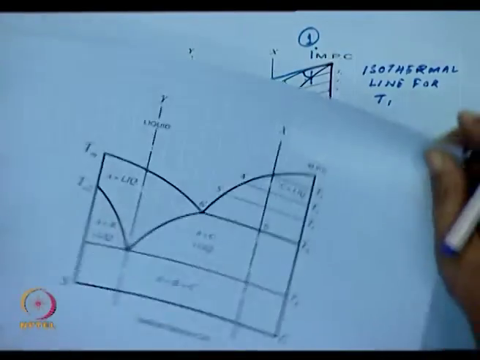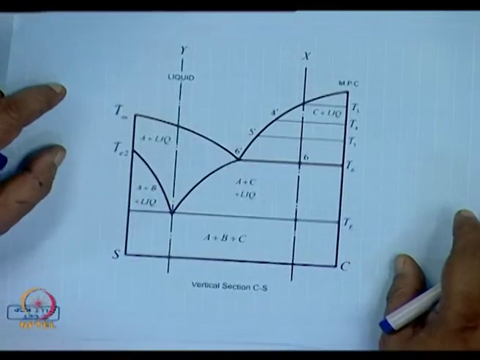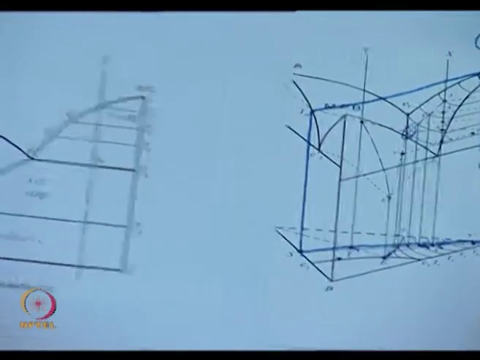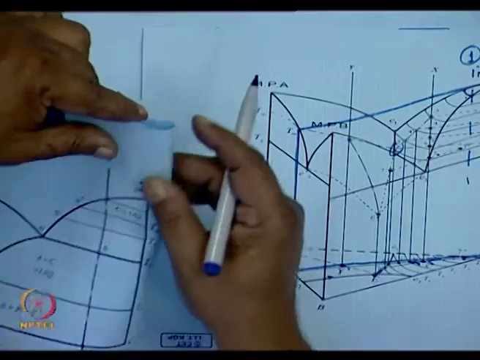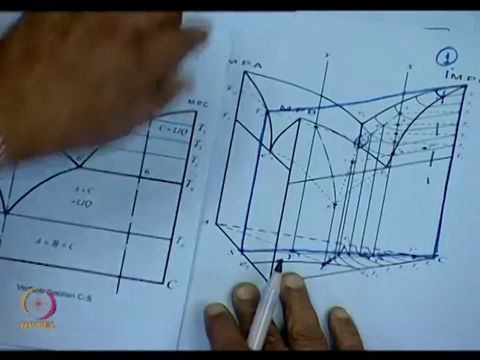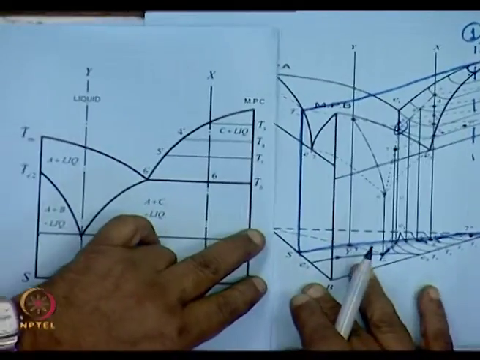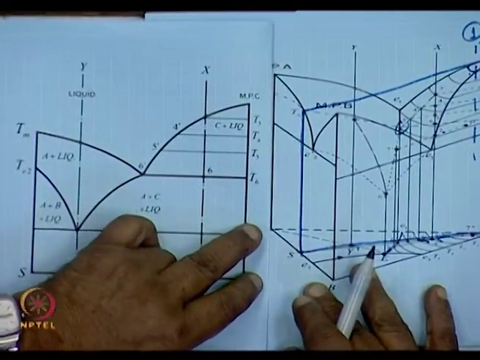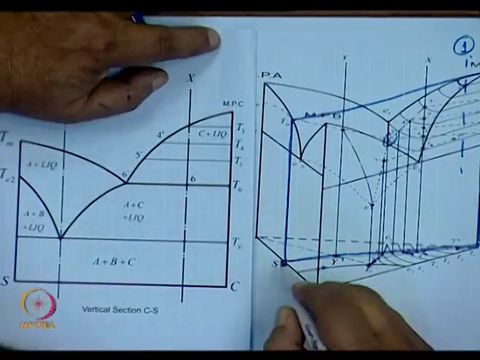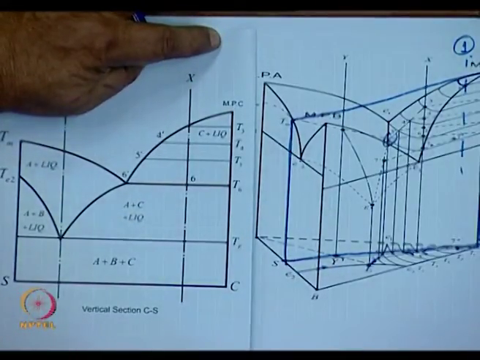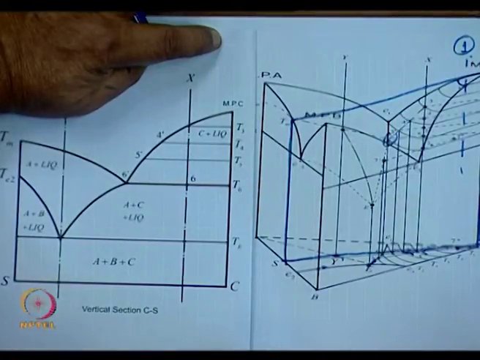Well, it's difficult to show this both on the same plot. Let me try my best. What I'm trying to show on my left is basically this section SC, and I have reduced it to a two-phase diagram.